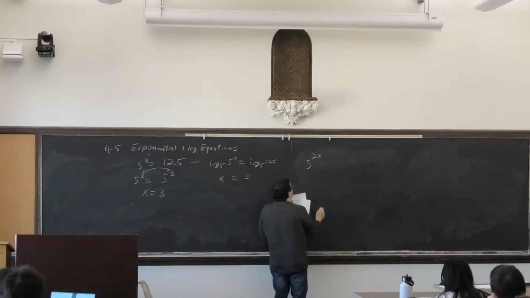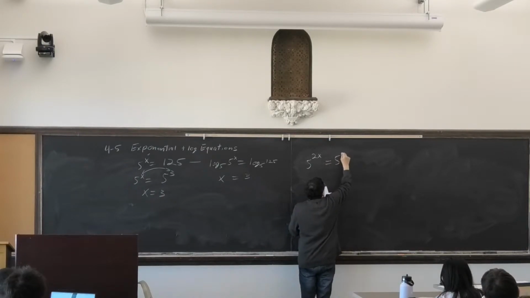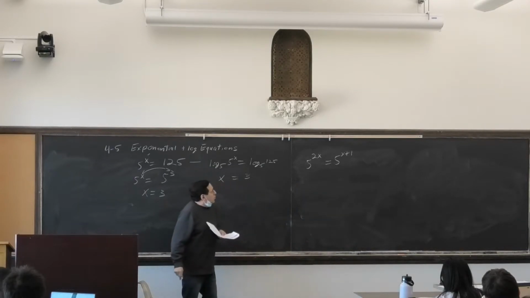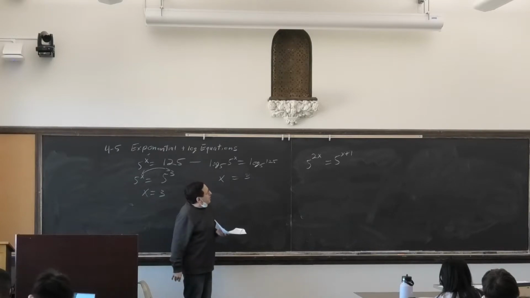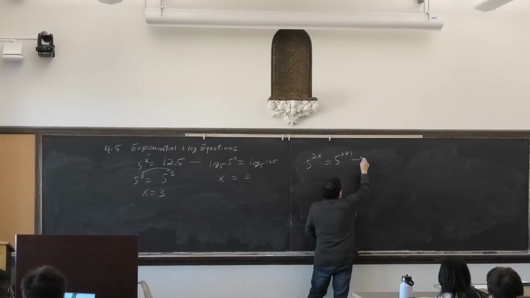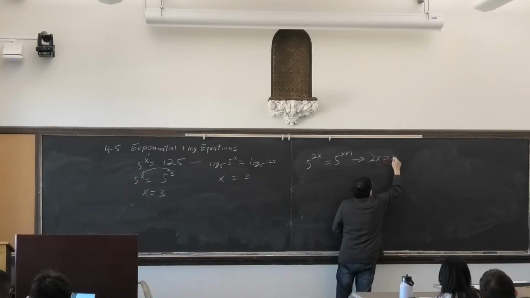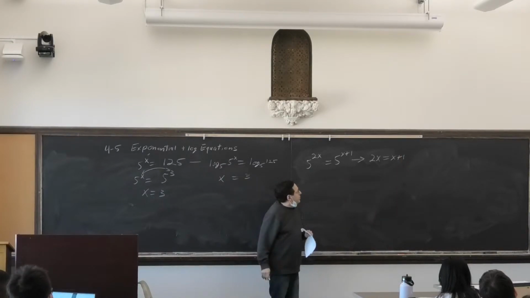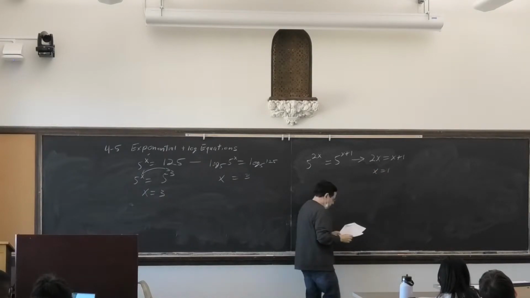I have 5 to the 2x equals 5 to the x plus 1. Initially that looks quite ugly and scary, but we can immediately assume from this that 2x equals x plus 1, an equation we know how to solve quite easily. We just subtract x and we get x equals 1.